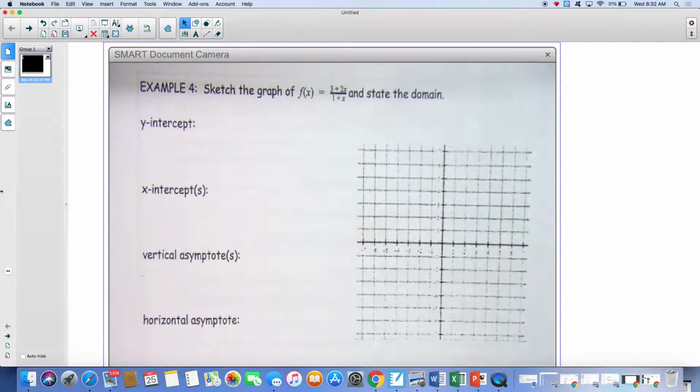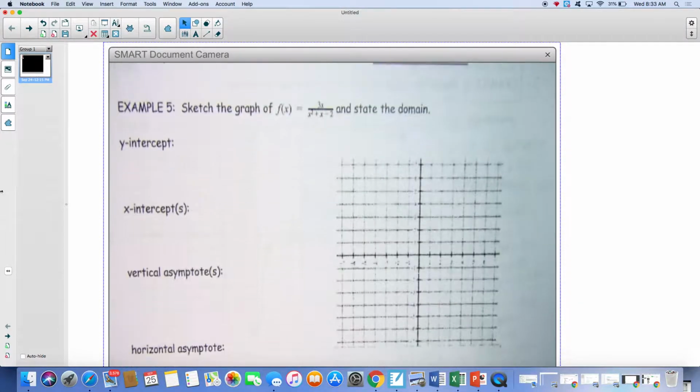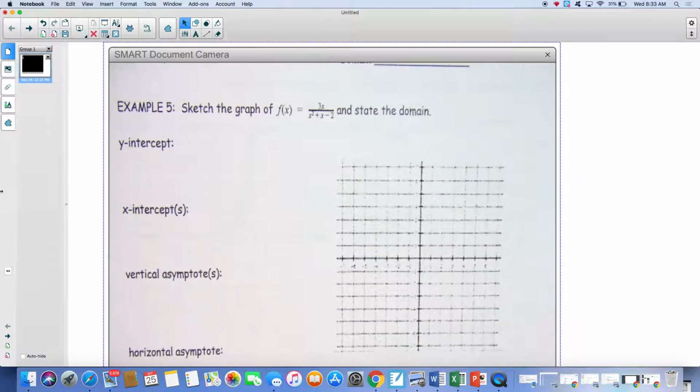Let's go to example 5. First of all, can I simplify 3x over x squared plus x minus 2?